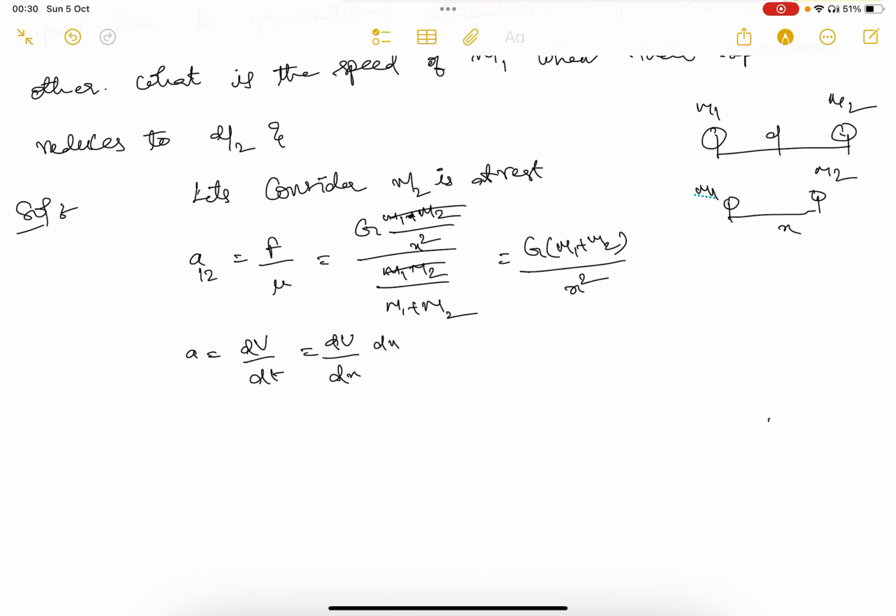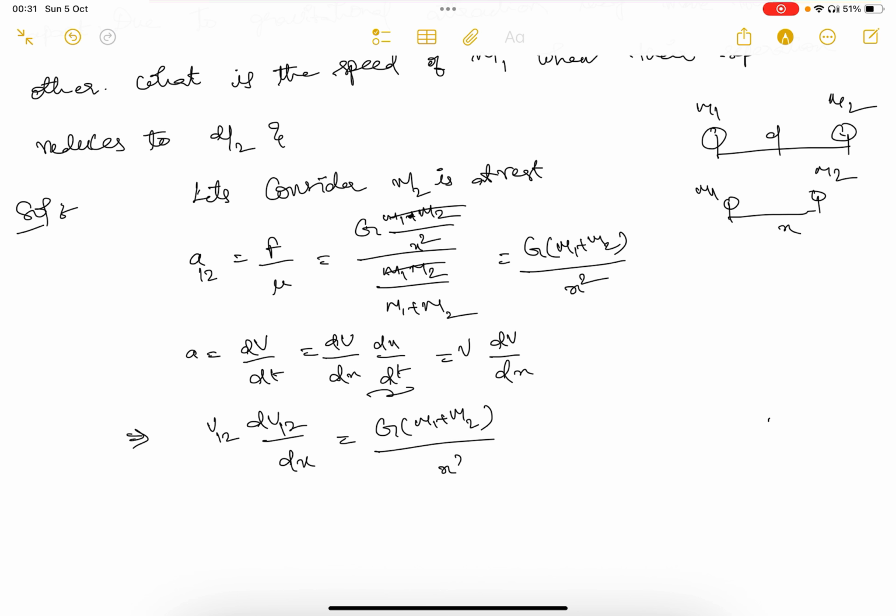into dx by dt. This dx by dt is v, this is dv by dx. So then a12 becomes v12 into dv12 by dx, which is equal to G into m1 plus m2 by x square.